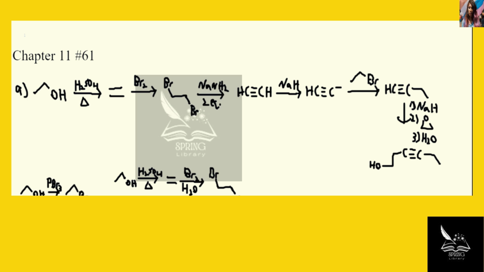Then if we treat that with a strong base, sodium hydride, we'll deprotonate the alcohol, and it can attack and displace the bromine. That's how we get the epoxide that we need. So everything is made from ethanol here.